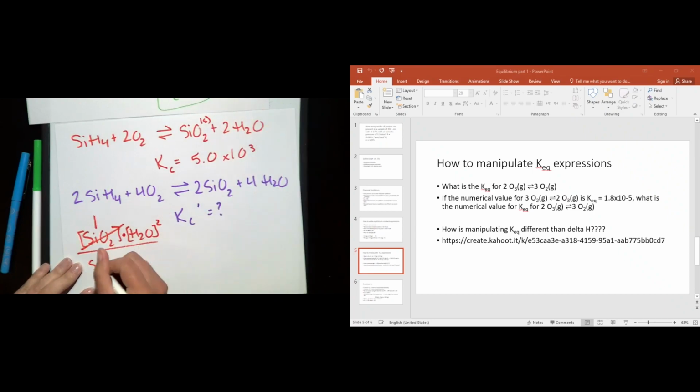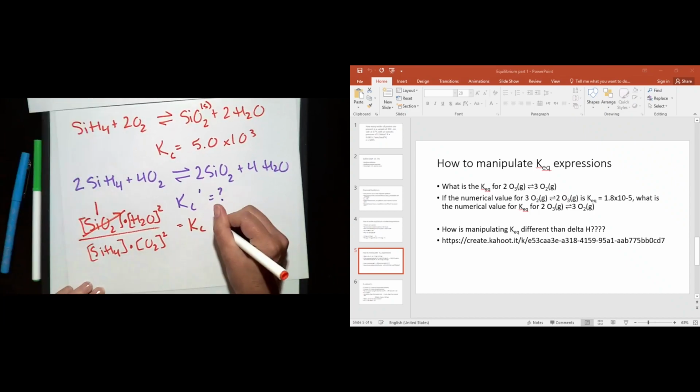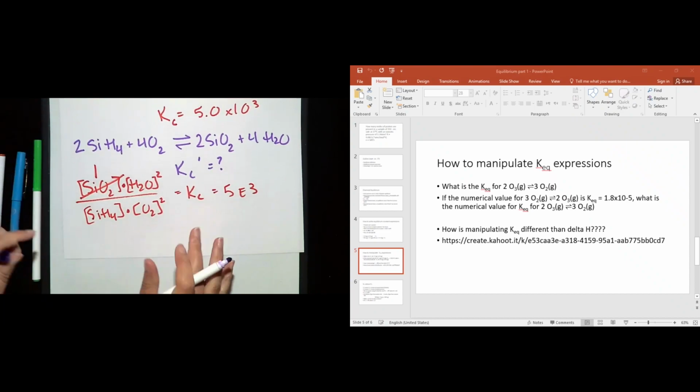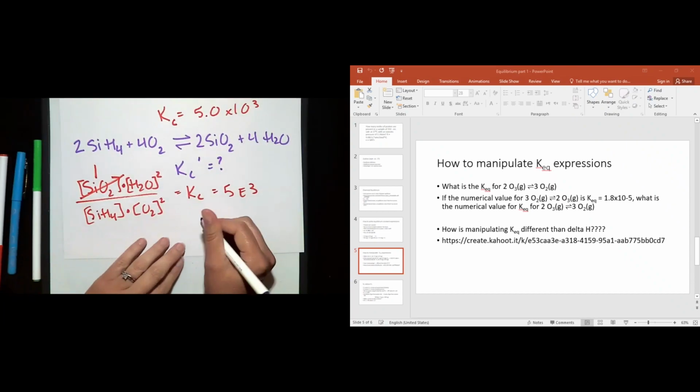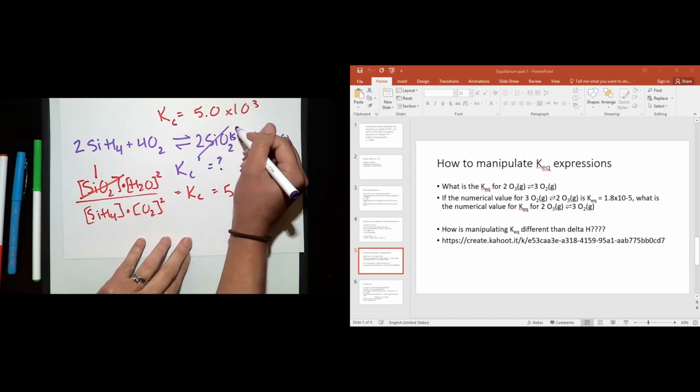No solids, no liquids. So I'm going to write the expression and then I'm going to look at what's different. So that's my first K value, 5 times 10 to the third. Okay, now let me write the expression for the second version and let's see how these are different. I'm going to write it over here. So that one is a solid, so I'm going to ignore that.